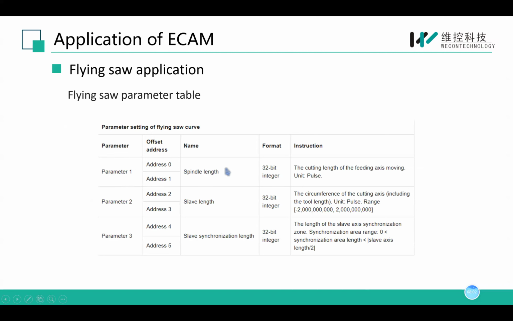The first parameter to adjust is to set the master axis length. The third and fourth parameter registers we use to set the length of the slave axis. Both lengths are 32-bit integers.